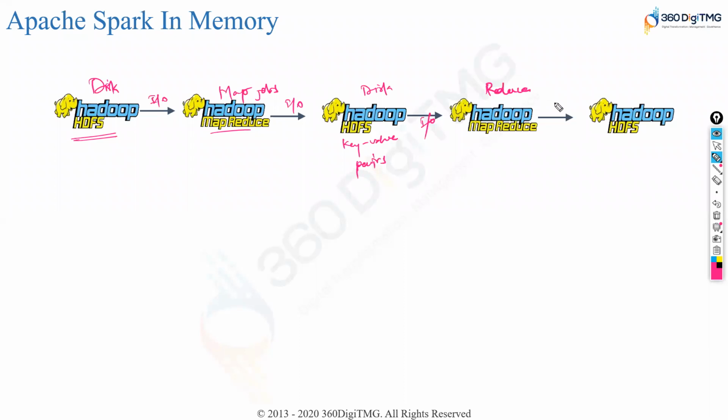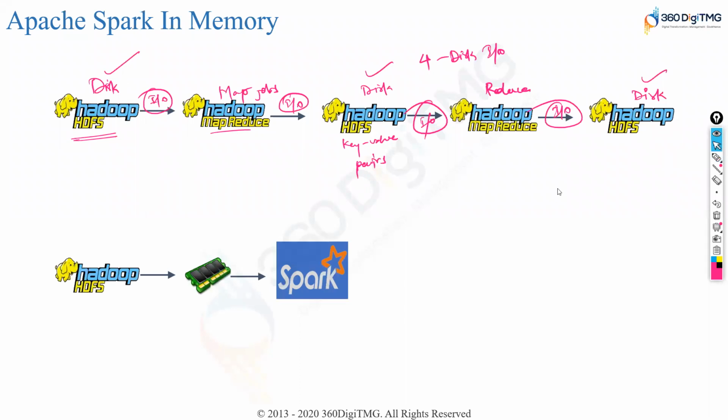Then you have IO again, and here we again have disk. So look at this: 1, 2, 3, 4. Four times you are reading the disk. Input output. So obviously it will take a lot of time to process that.